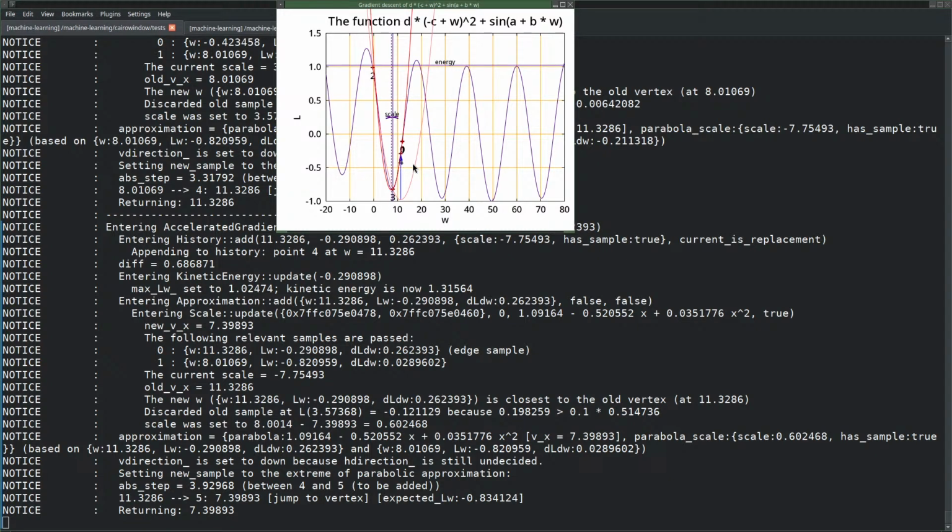Which is the effect of the overshoot. So now we are not happy with going there. And then we're going to halve that interval, and then I'm probably still not happy with it.